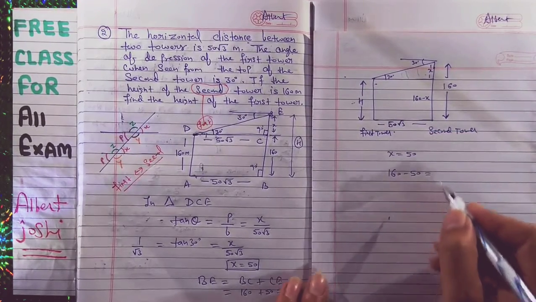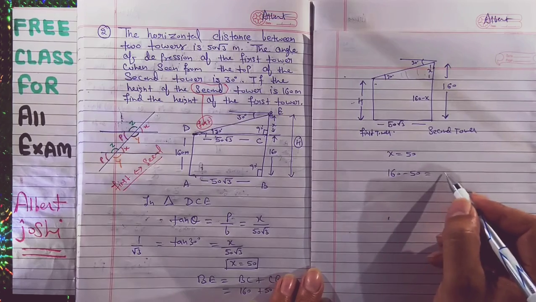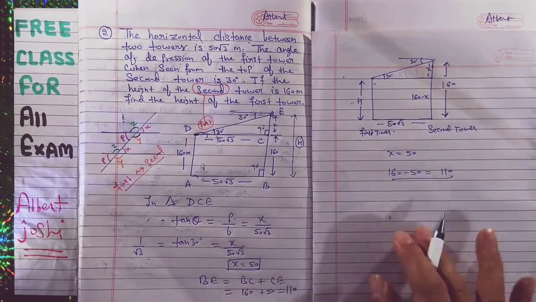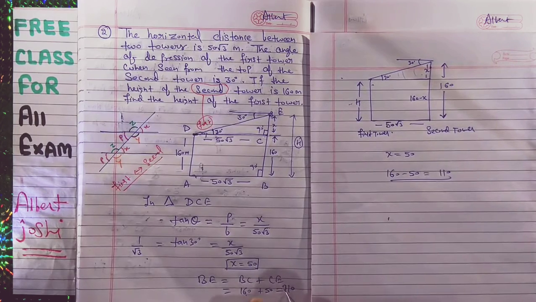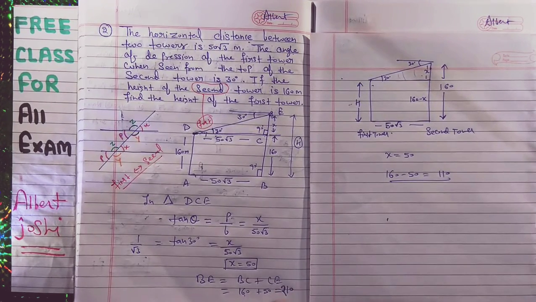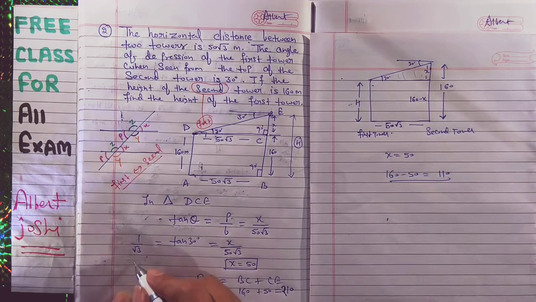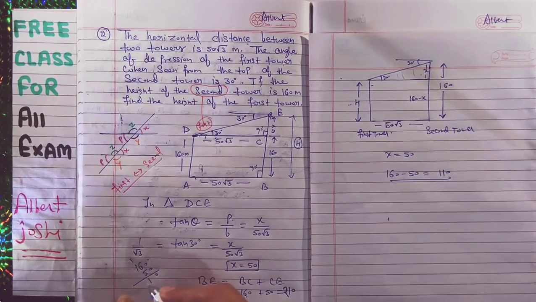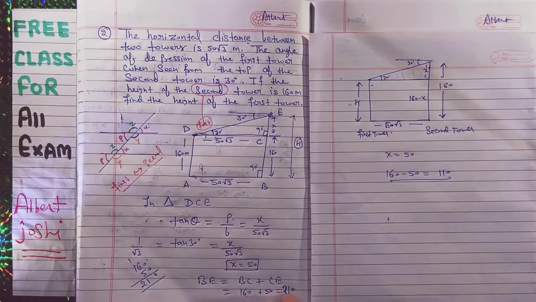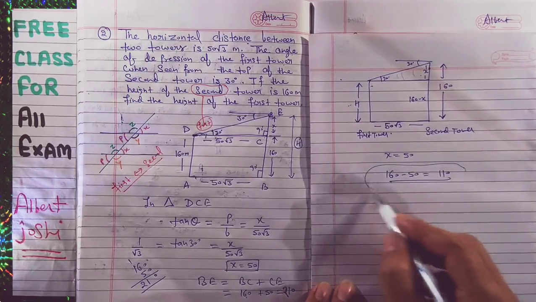So 160 minus 50 is equal to 110. Okay, and here we have done something wrong, that is 210. Okay, this is 210, 160 plus 50, you can add, 210. Okay, this is correct, and this is 110.